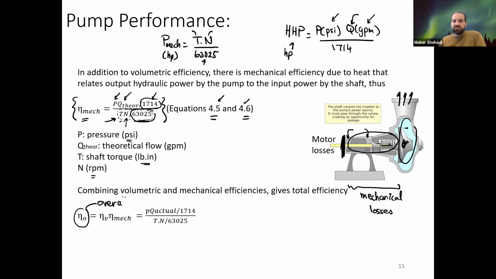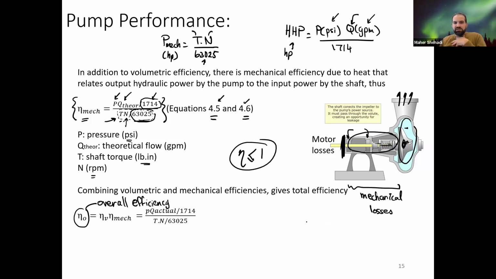So that's the total efficiency. For efficiency, the total would be the product, not the summation. Don't add. Efficiencies have to always be less than 1. You can't have an efficiency more than 1 or 100%. Let's say almost 100%, but you can't cross that.